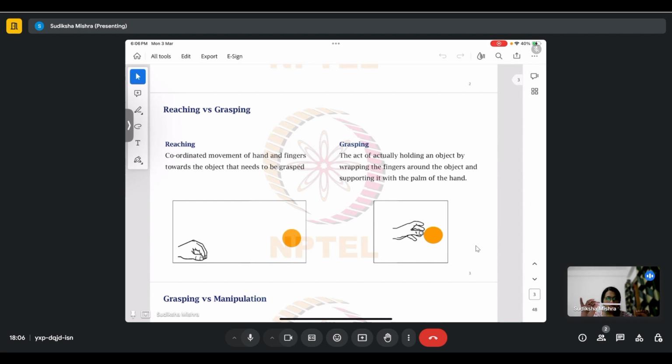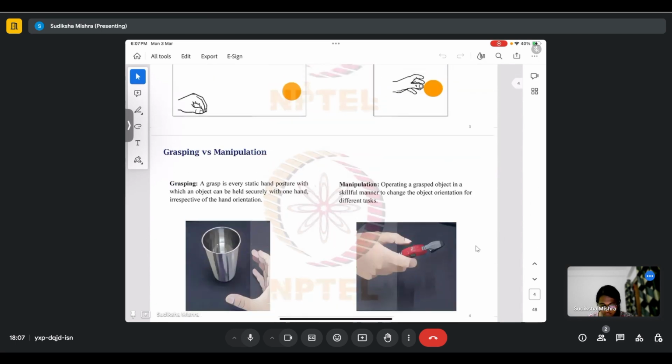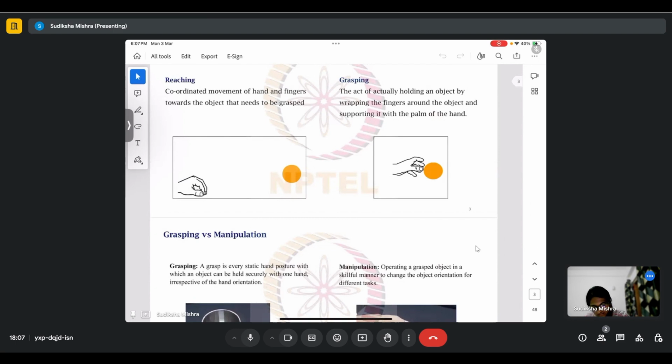Say I want to hold on to this pen with this hand and I'm taking that hand here, that is called reaching. Whereas grasping is the act of actually holding on to the pen, wrapping the fingers around and supporting it with the palm. So this is basically the process, whereas this is the resultant move.